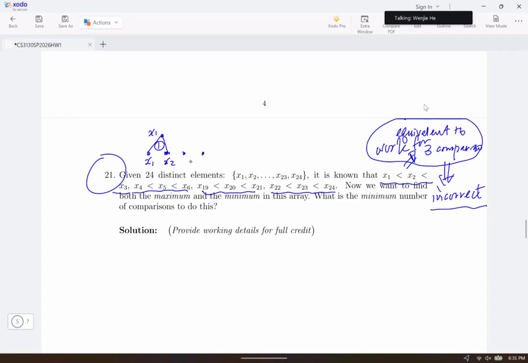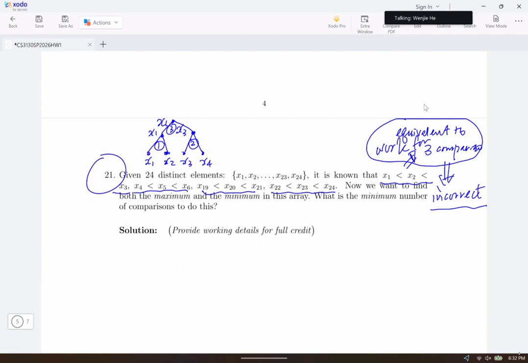Second comparison between X3 and X4. Suppose the winner is X3. The third comparison is between X1 and X3. Let's say the winner is X1, okay? That's the 3 comparisons we can do.